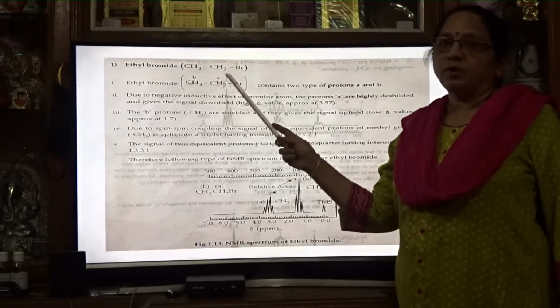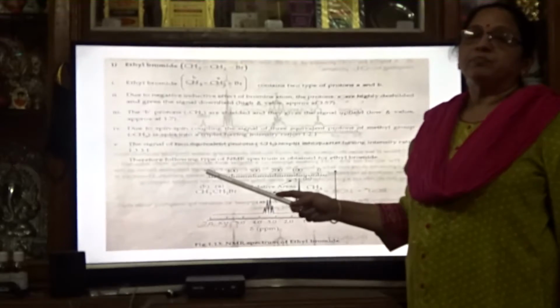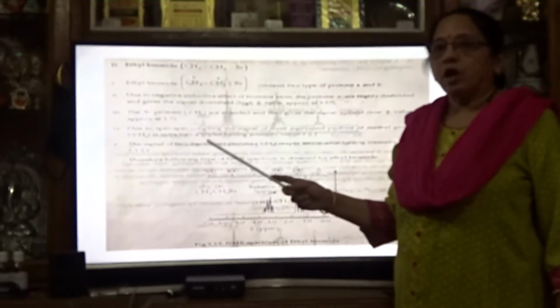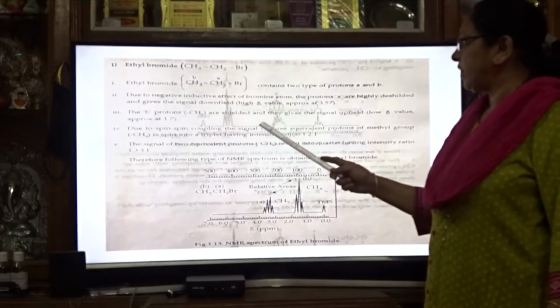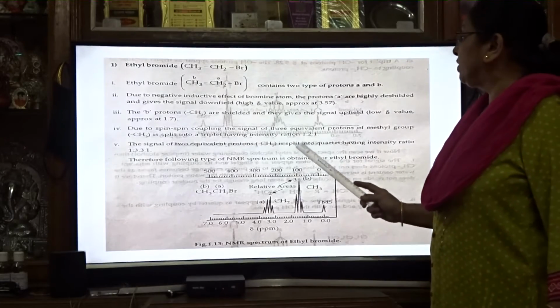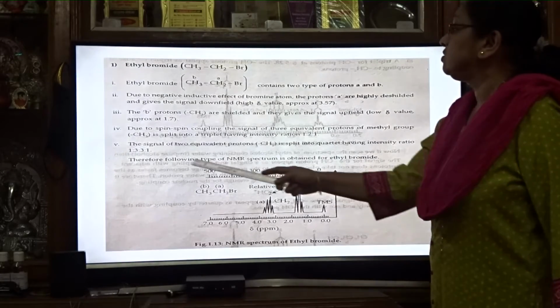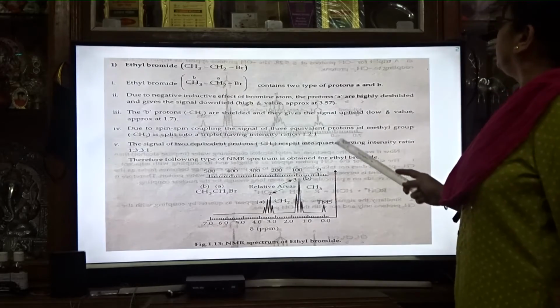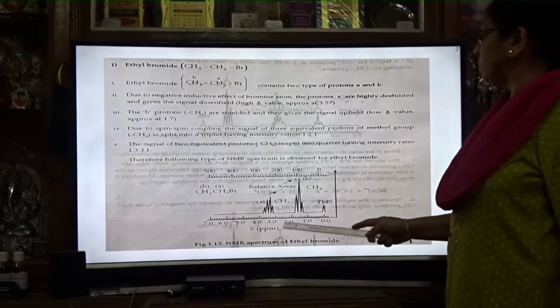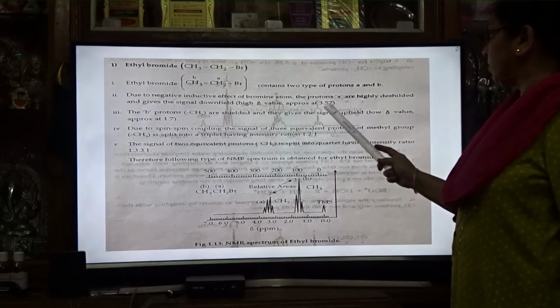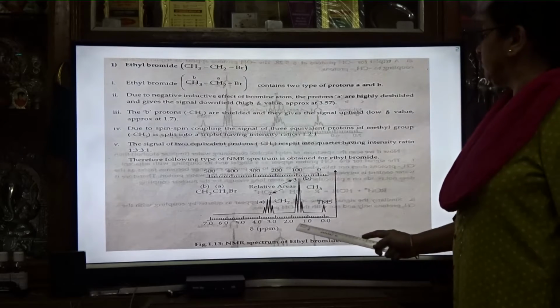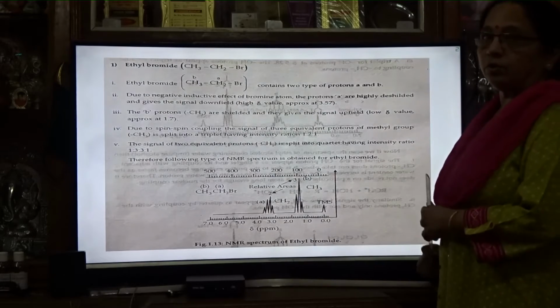They will give the formula and you have to know the structure of the compound, or they will give the structure and you have to find out the area of peaks. The values also you have to learn by heart: 3.57 and 1.7, where the signals are there.